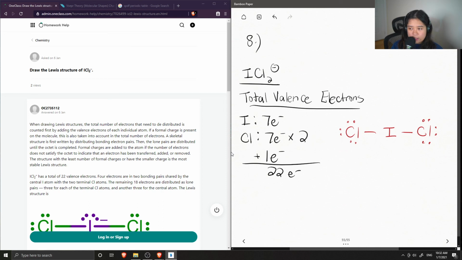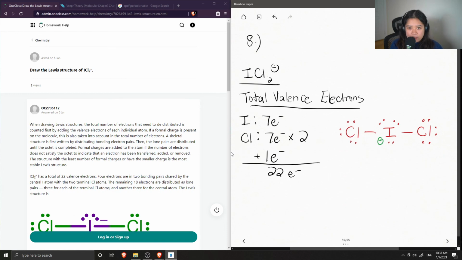So now 22 minus 16 is 6, so I have 6 more electrons that I need to draw. So I'm going to draw them all on the iodine, since iodine is able to contain more than 8 electrons. So it's one of those exceptions to the octet rule. And this also gives a negative charge on the iodine.